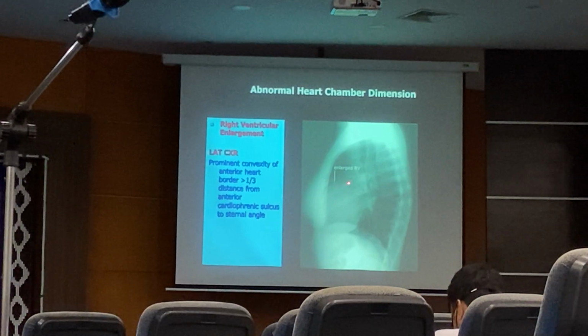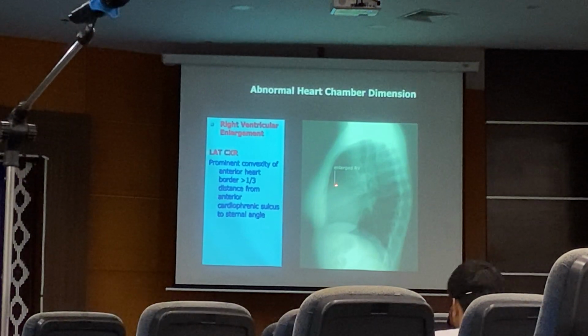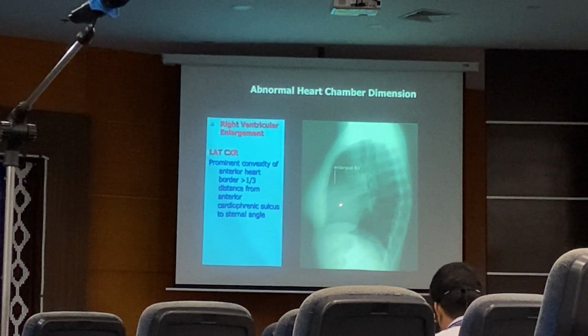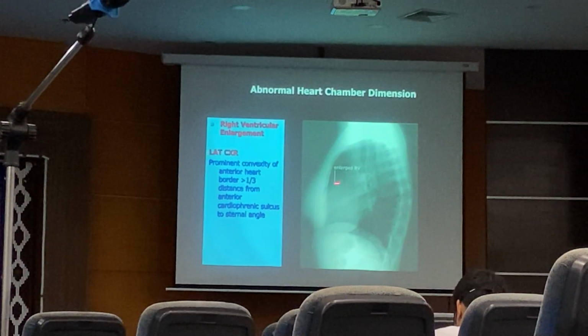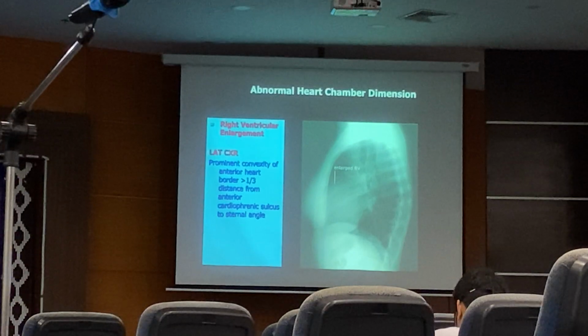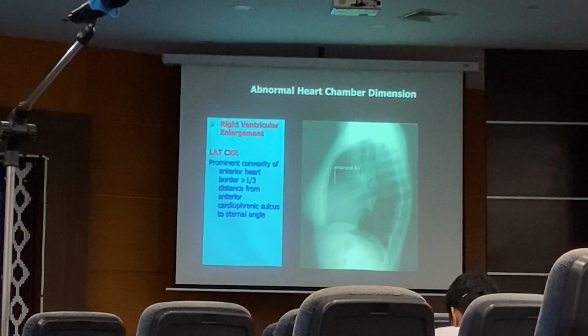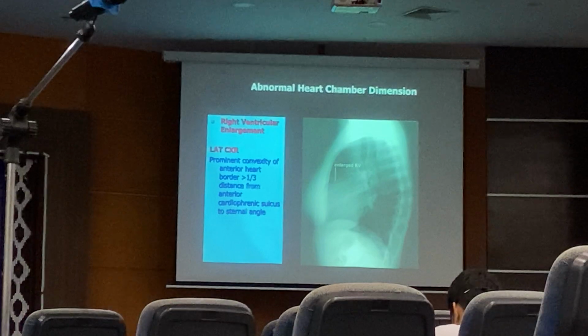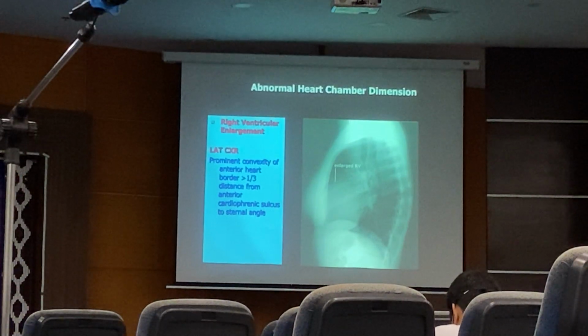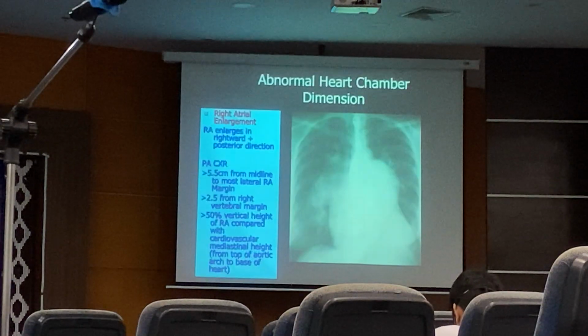The right ventricle will enlarge upward, and then it will take up 2/3 of your retrosternal space. So if the retrosternal space is occupied by 2/3 by your right ventricle, then you can be confident that you can say this patient has right ventricular enlargement.